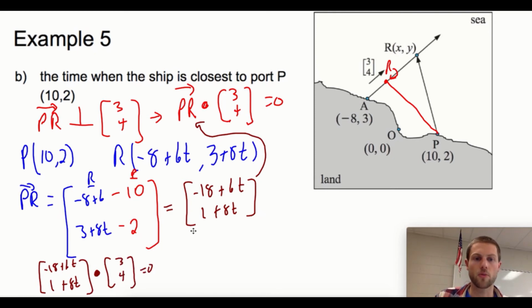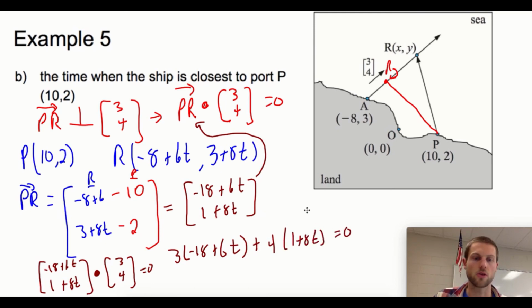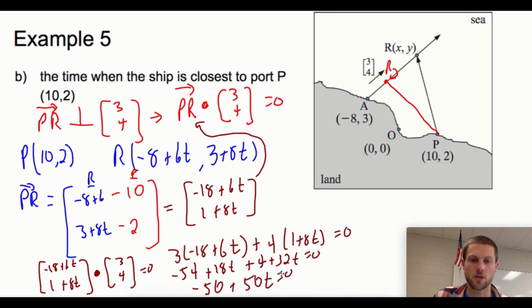So the dot product will be expressed as 3 times negative 18 plus 6t plus 4 times 1 plus 8t. That should all equal 0. So let's do a little bit of algebra. This is negative 54 plus 18t plus 4 plus 32t equals 0. Let's combine our like terms. This is negative 50 plus 50t equals 0.